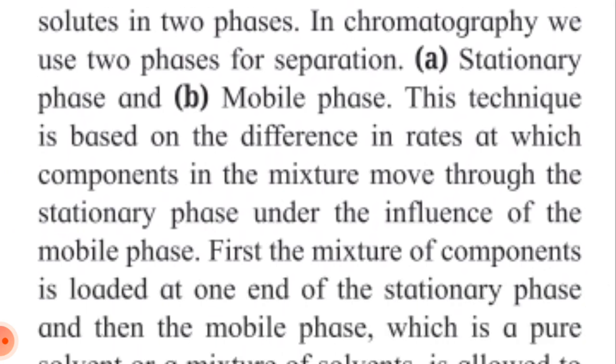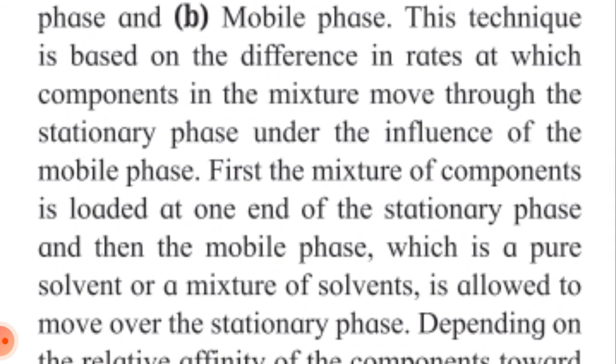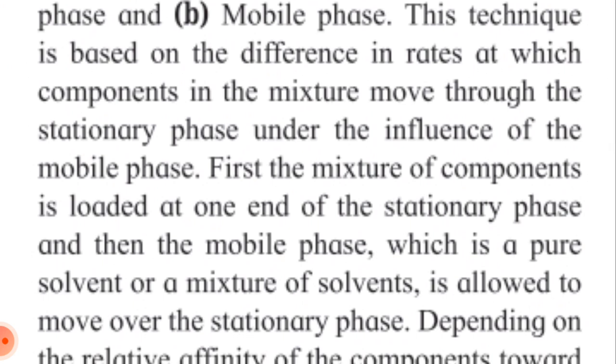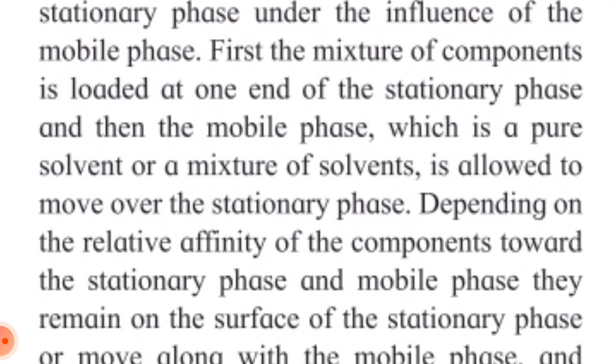In chromatography, we use two phases for separation: a, stationary phase, and b, mobile phase. This technique is based on the difference in rate at which components in the mixture move through the stationary phase under the influence of the mobile phase.